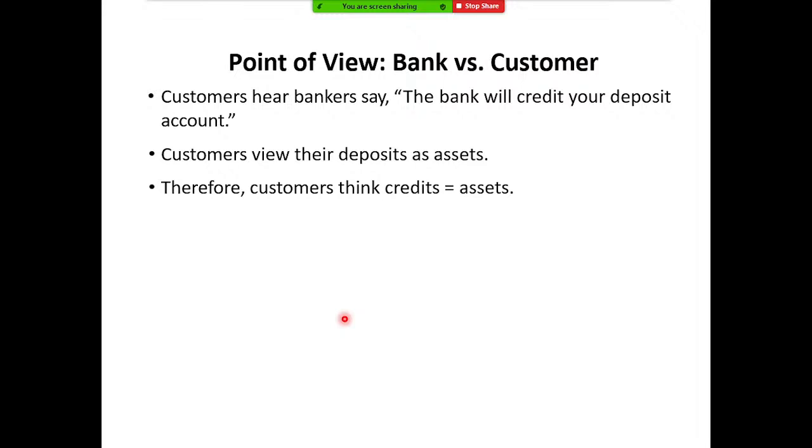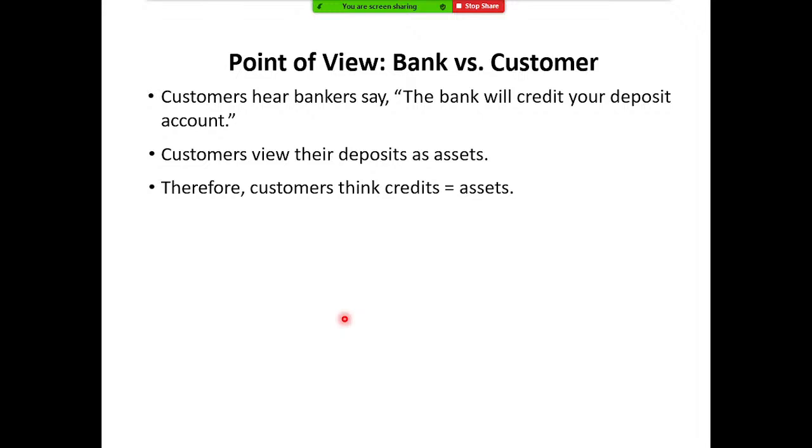So from the point of view of a bank and a customer. Normally, as an individual, as a depositor, when we deposit money in our account, they send us a message that the amount is credited. Normally when we deposit money in the bank account, we treat it as an asset, but the bank says credited.